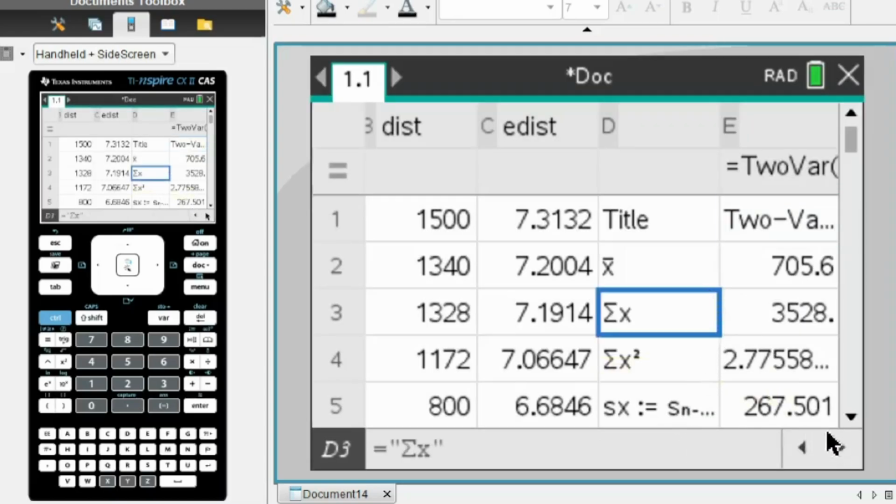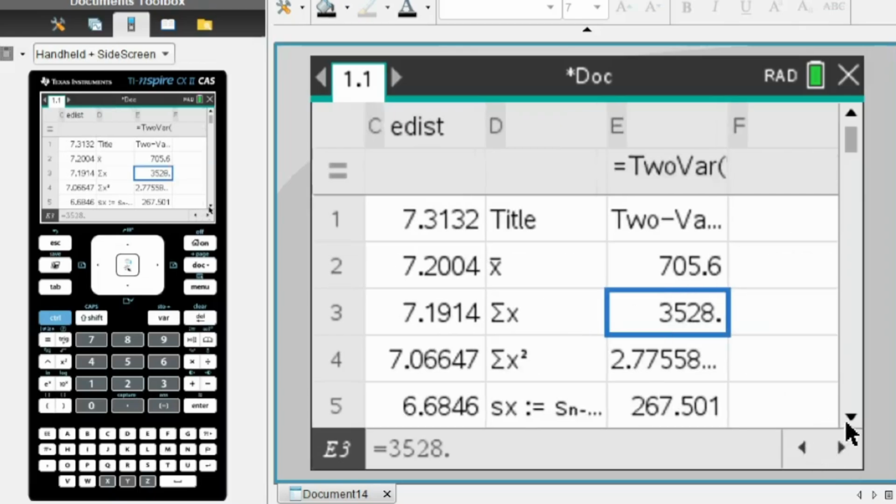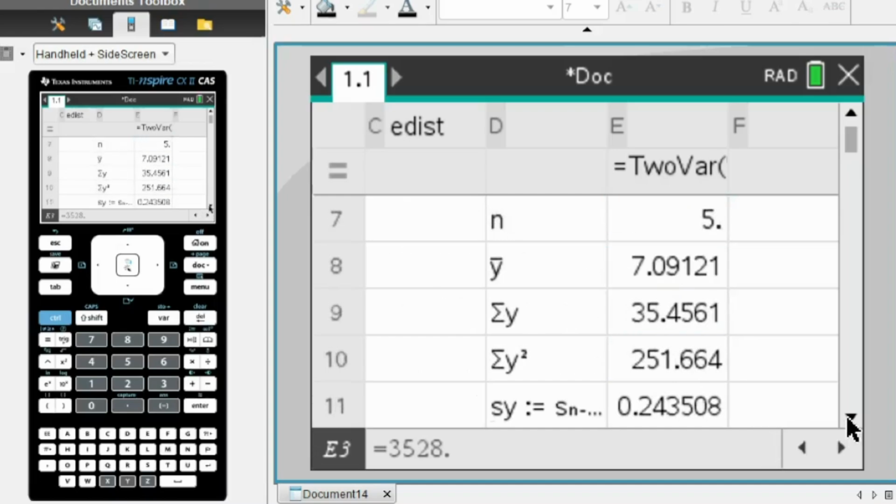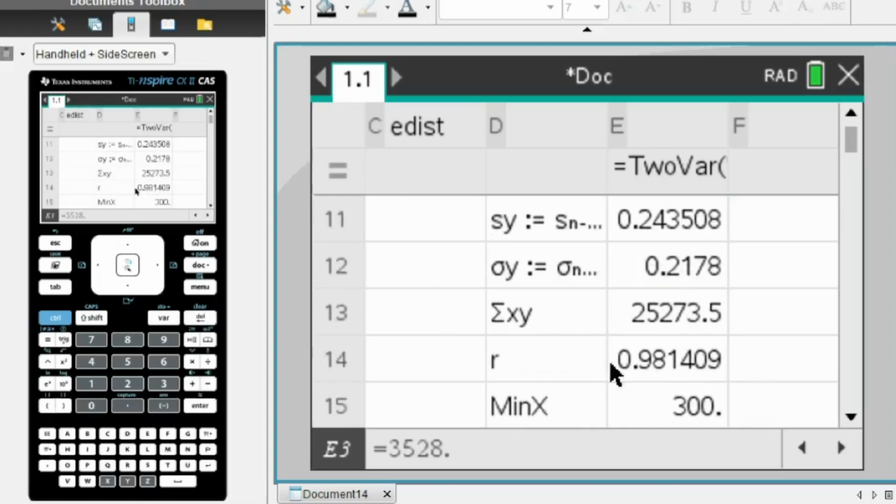So now this is my new regression for my exponential model. So I'm not going to worry about this stuff. My main concern is the regression, right? So it's 0.981409.